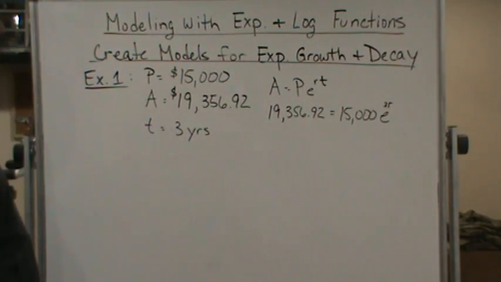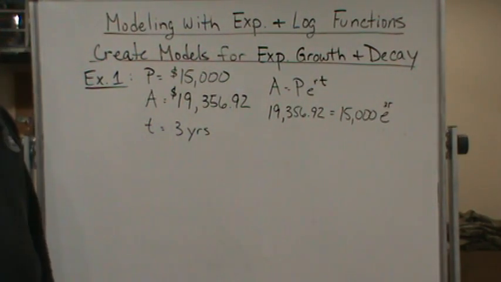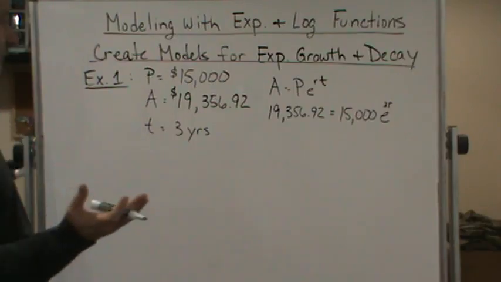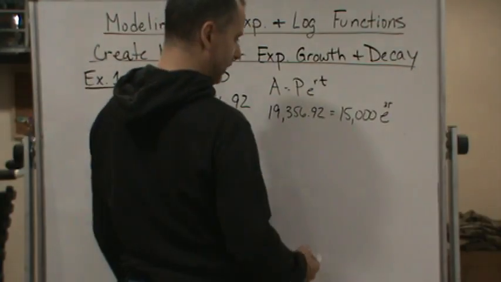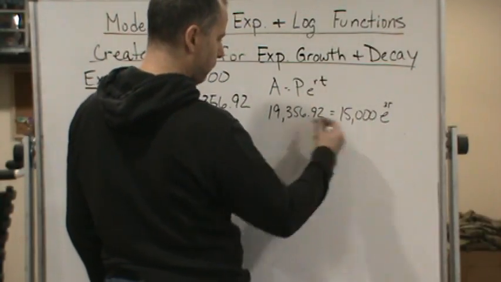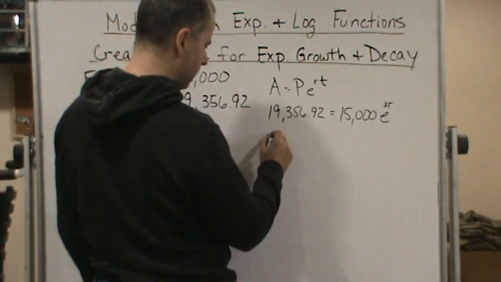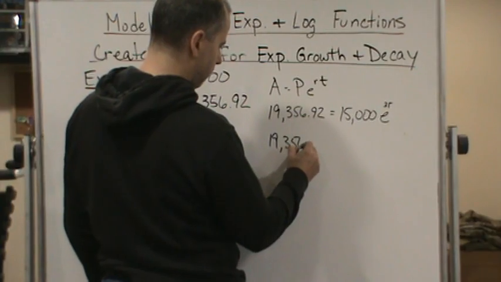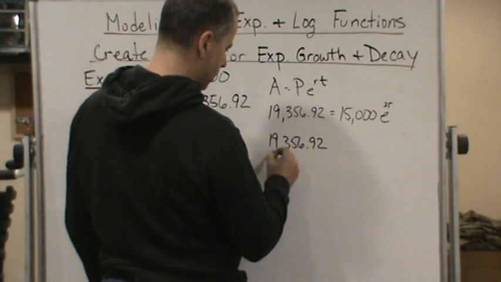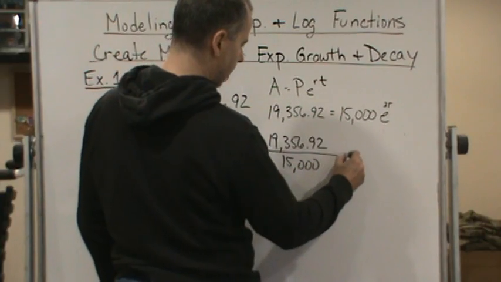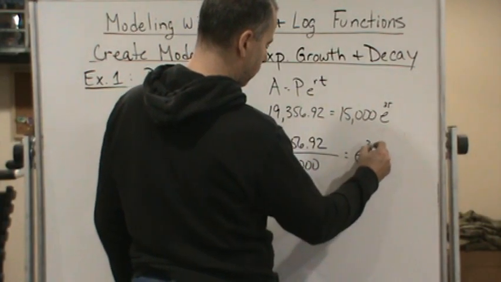Now we're going to solve this like we did in the last example about solving for a specified variable. So the first thing I'm going to do is divide both sides by 15,000. So this will become $19,356.92 divided by 15,000, and then I get e to the 3r.